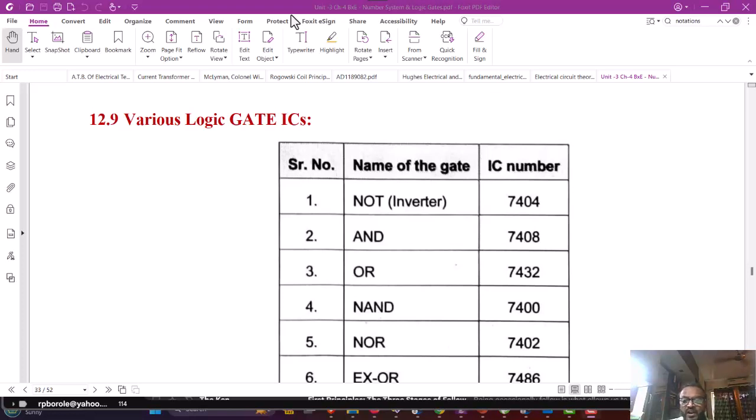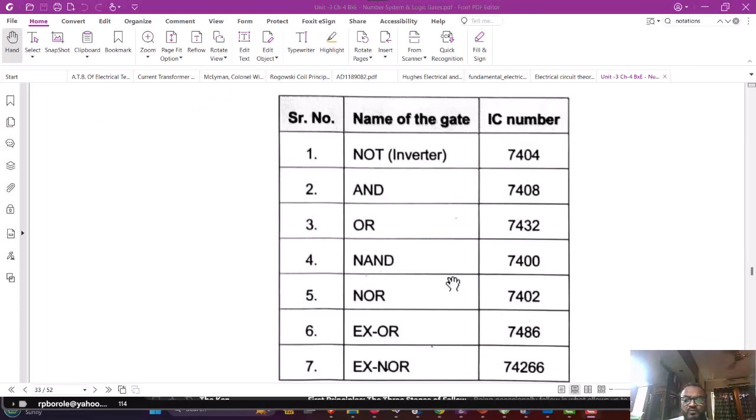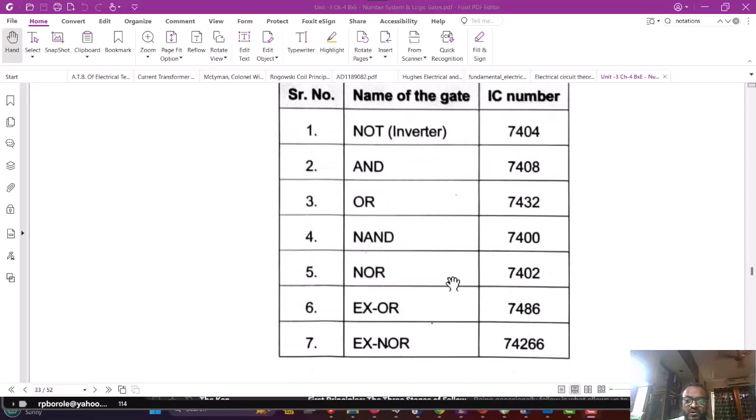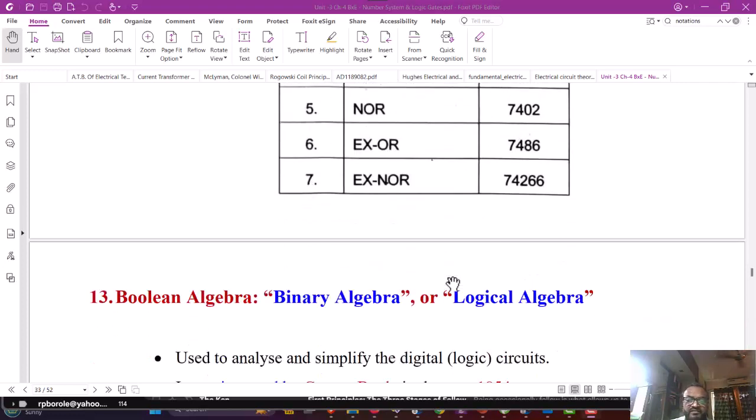The 2 input AND gate IC is 7408. The 2 input OR gate IC is 7432. The 2 input NAND gate IC is 7400. The 2 input NOR gate IC is 7402. The 2 input exclusive OR gate IC is 7486. And the 2 input exclusive NOR gate IC is 74266.